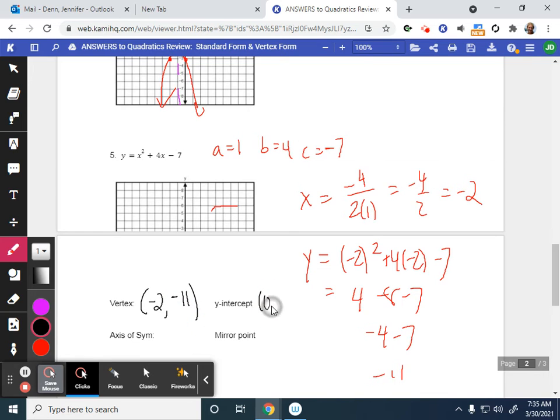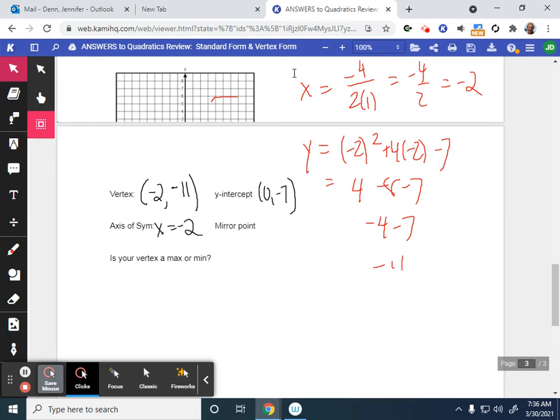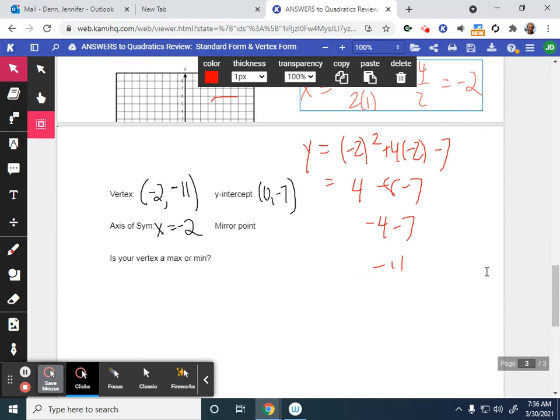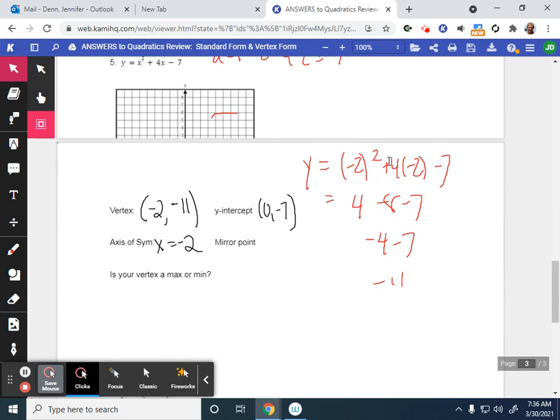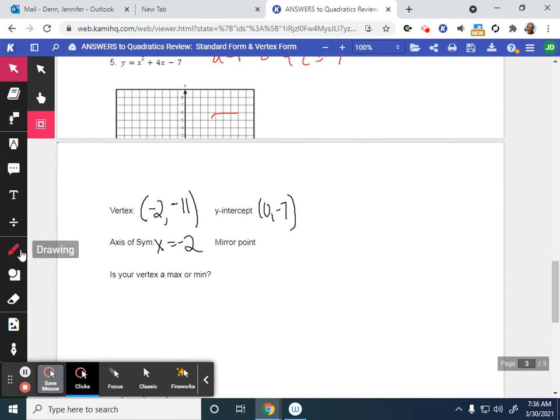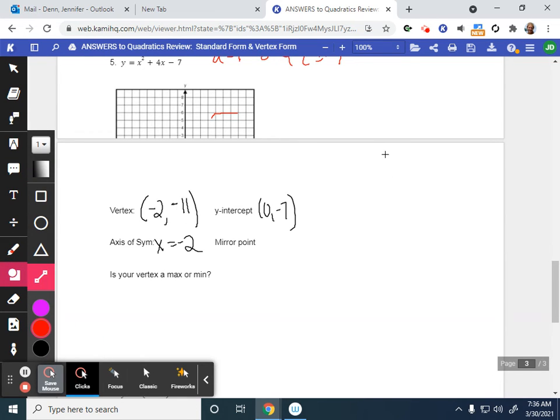The y-intercept is 0, -7. Axis of symmetry is x equals -2. Okay, graphing this is not going to be easy on here. 0, -7. How should we do this? I'm just going to kind of replicate a graph over here.